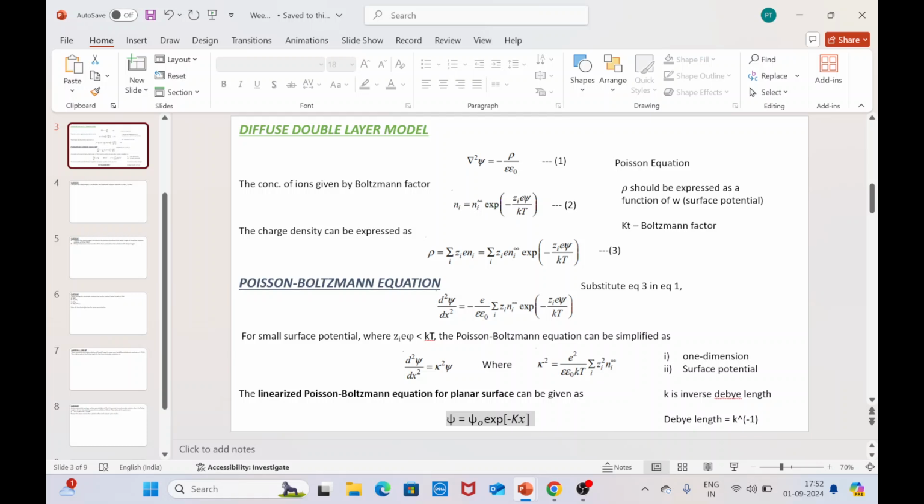This slide is a collection of all the formulas and important steps in the mathematical modeling of the diffuse double layer model. Based on these steps, we will be solving quite a number of problems today. In case you have any doubts based on what we have discussed today, please let me know.